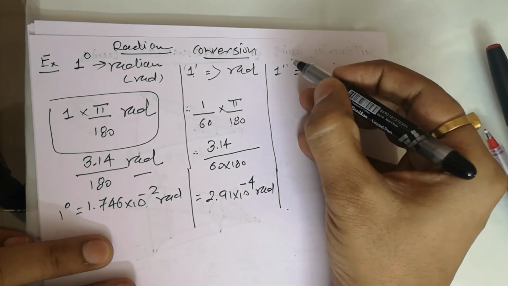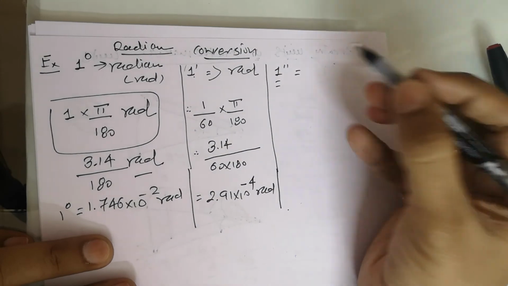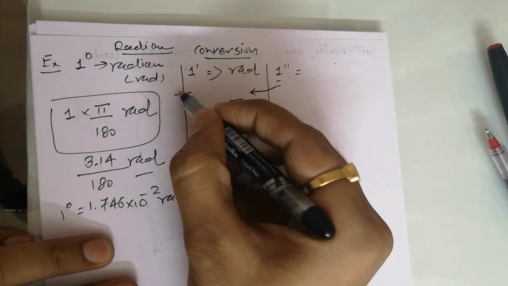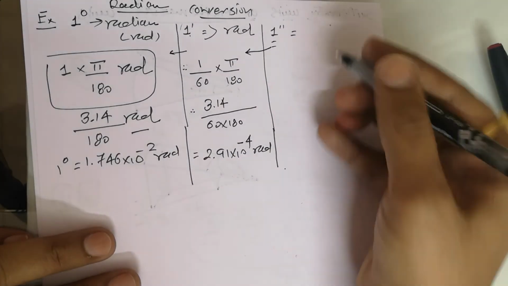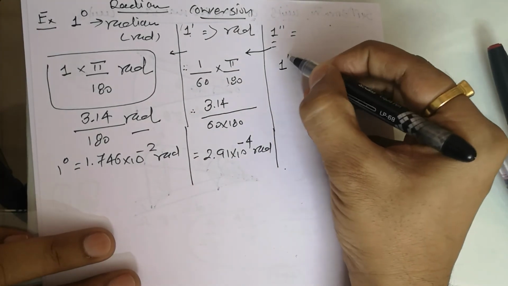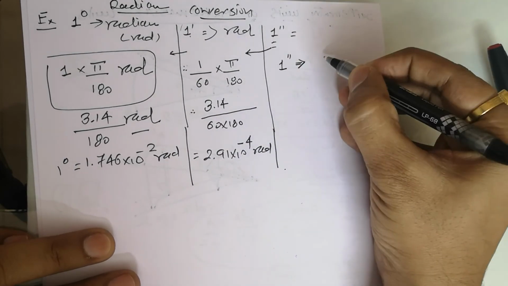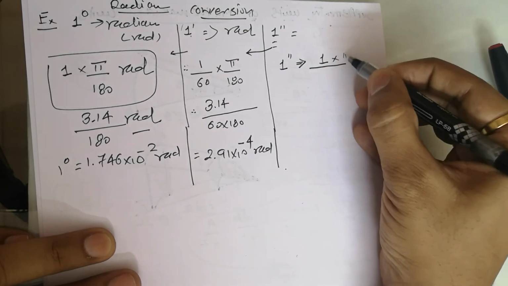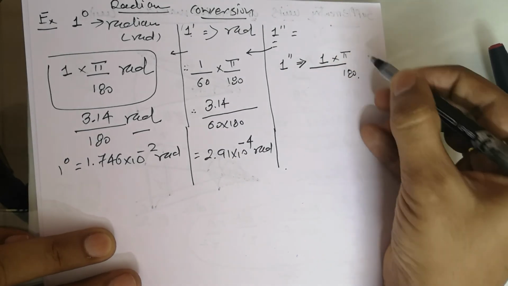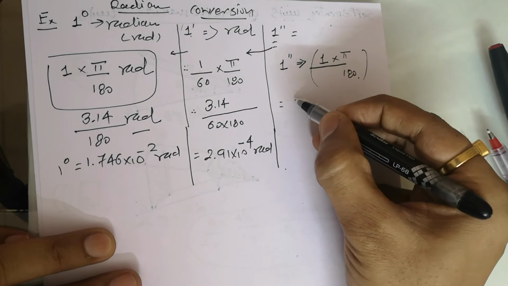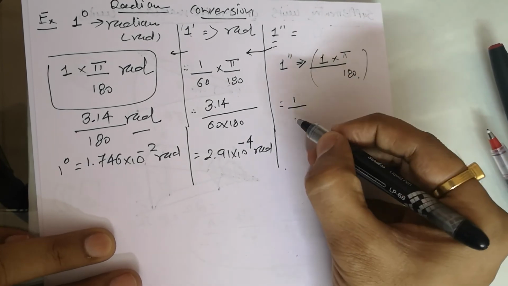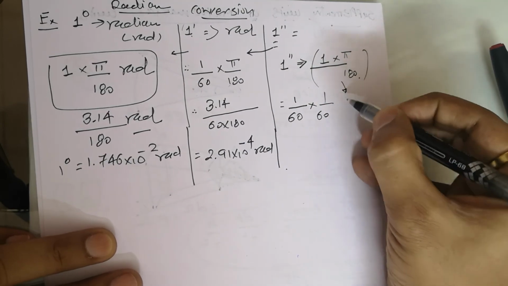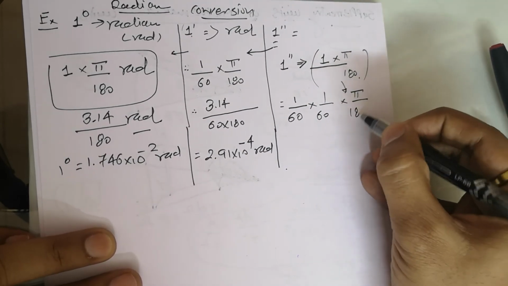The third one is 1 second. If I want to convert a second, first of all I have to convert it into minutes, and then from minutes go to degrees. So 1 second is 1 divided by 3600 degrees, and then multiply by pi upon 180.